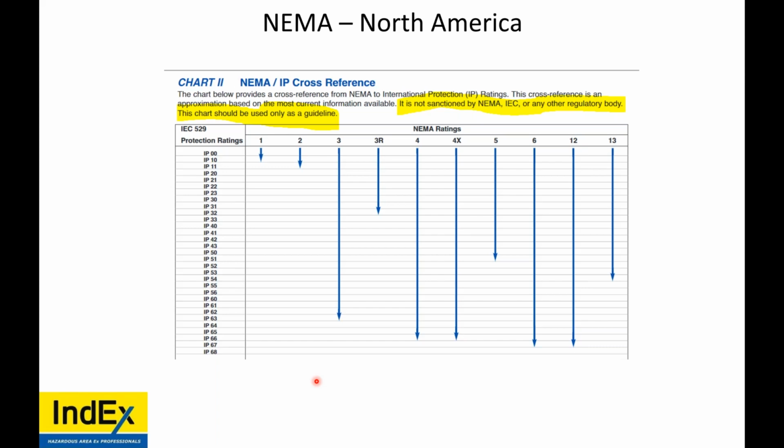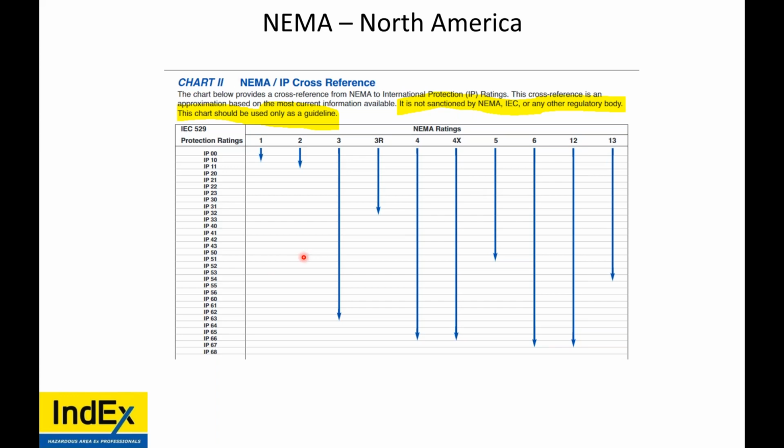Now, the important thing about this is that NEMA ratings can be used within IP rated areas with a fitness for purpose assessment, but IP ratings cannot be used where NEMA ratings are called for.